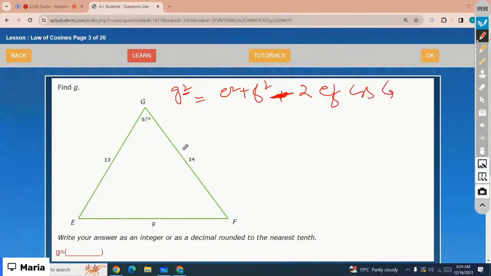Just put the values. e is 13 square, f is 14 square, minus 2 times 13 times 14 and cos of angle 67. Okay.